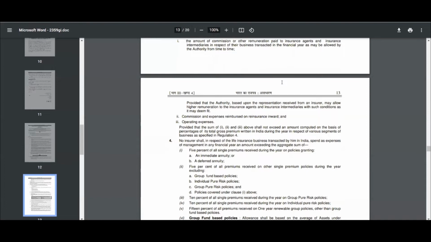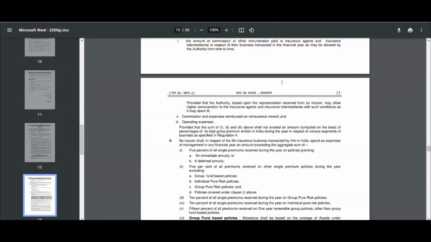For a single premium business, which is mainly the annuity and deferred annuity business, it should not be more than 5%. For single premium business of other policies, which are the policies not specified earlier, that is excluding annuity and deferred annuity, individual pure risk policies, group pure risk policies, and group fund based policies, it would be 5% for all other policies.